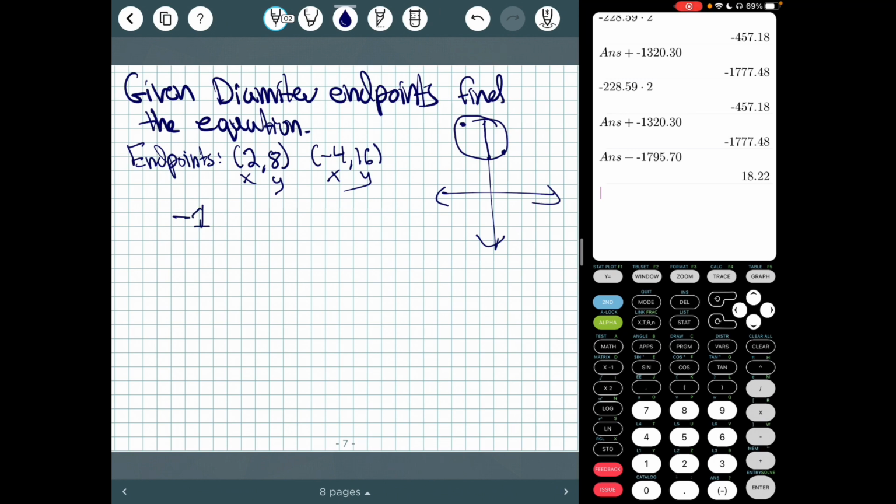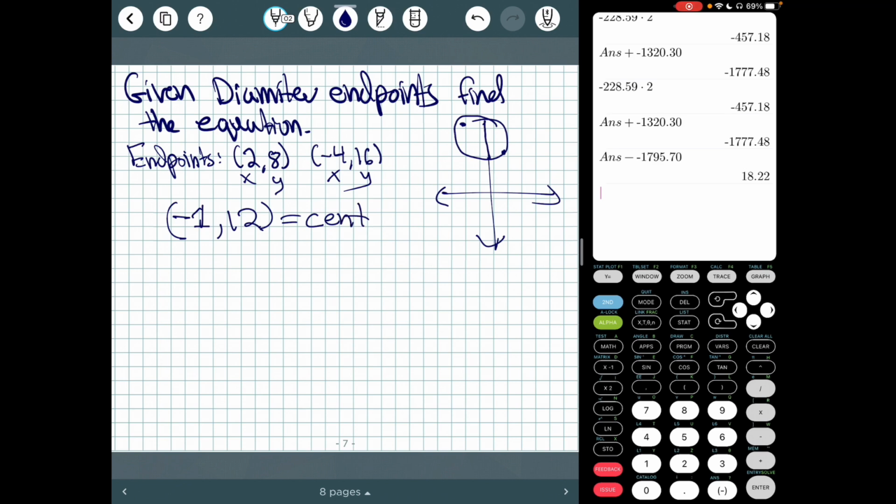So that -1 is the x value for the center, and we can do the same for the y value. So 8 plus 16 gives us 24, divided by 2, and we're left with 12. So that is our center.